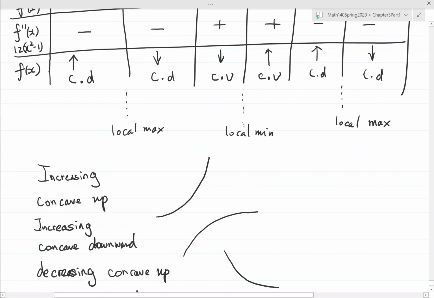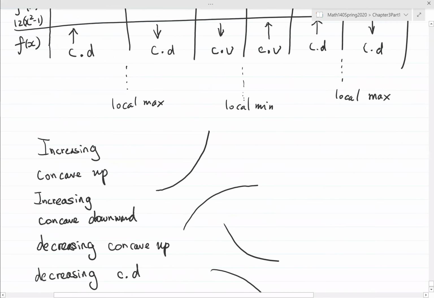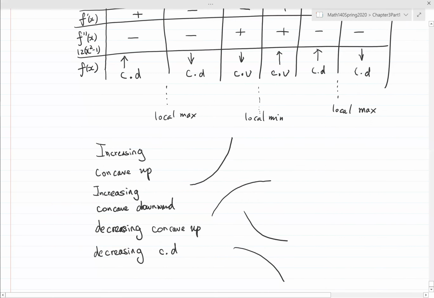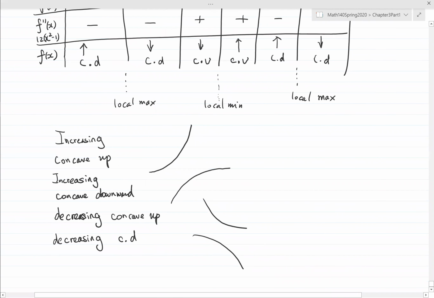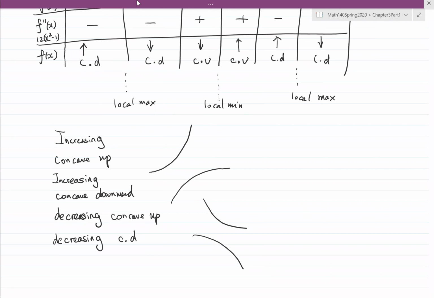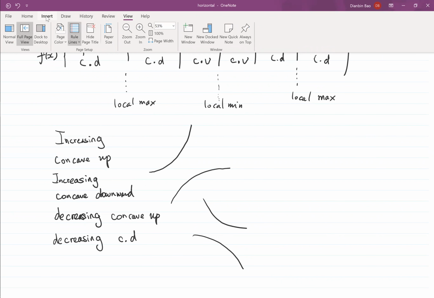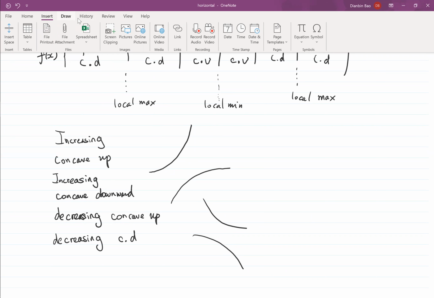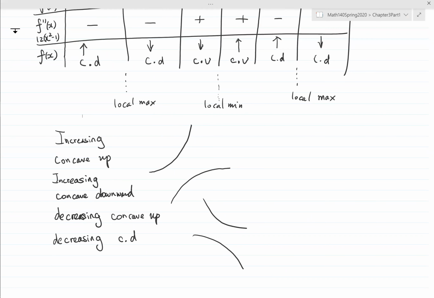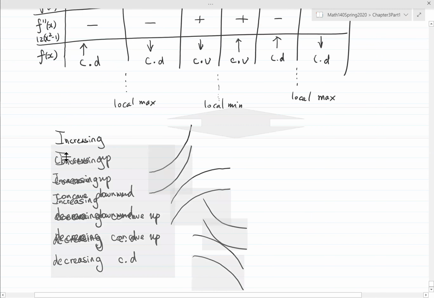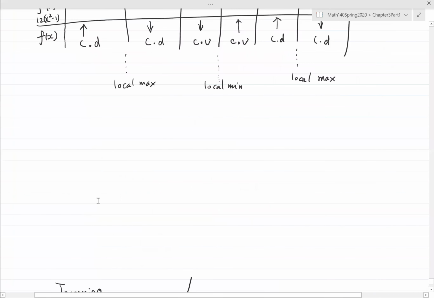Okay, so let's plot this graph. Let me insert some space here.